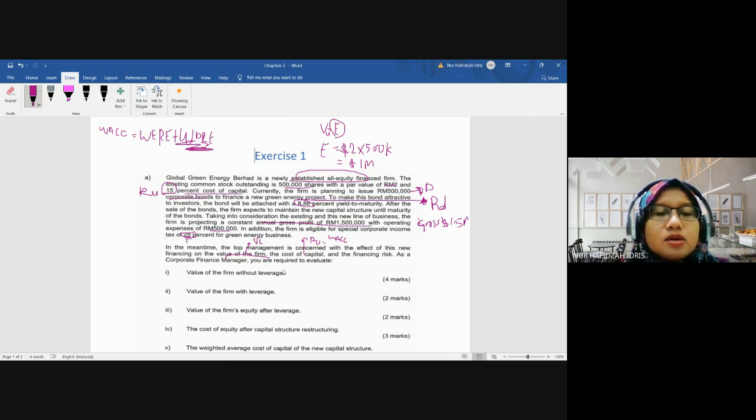As a corporate finance manager, you are required to evaluate the value of the firm without leverage.